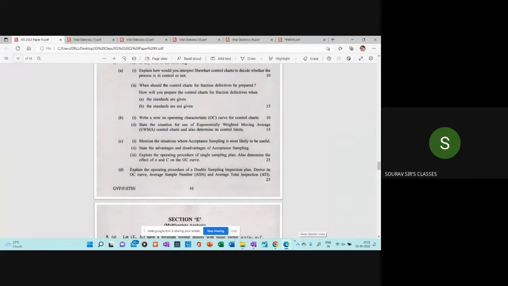Next, we are moving on to our next question: state the advantages and disadvantages of acceptance sampling. We can go for acceptance sampling for some particular reasons. But I will go for the advantages and disadvantages later. Rather, I would like to move on to question number 8, part C, part 3 first. What we have just answered is 8 part C, part 1.